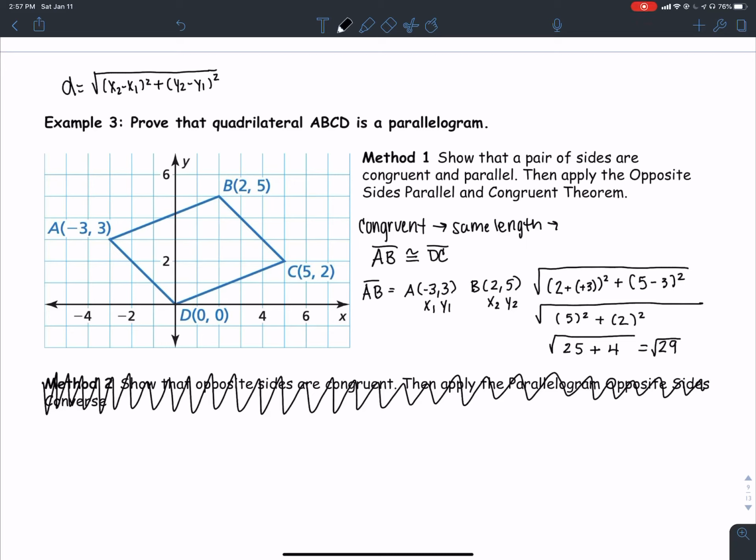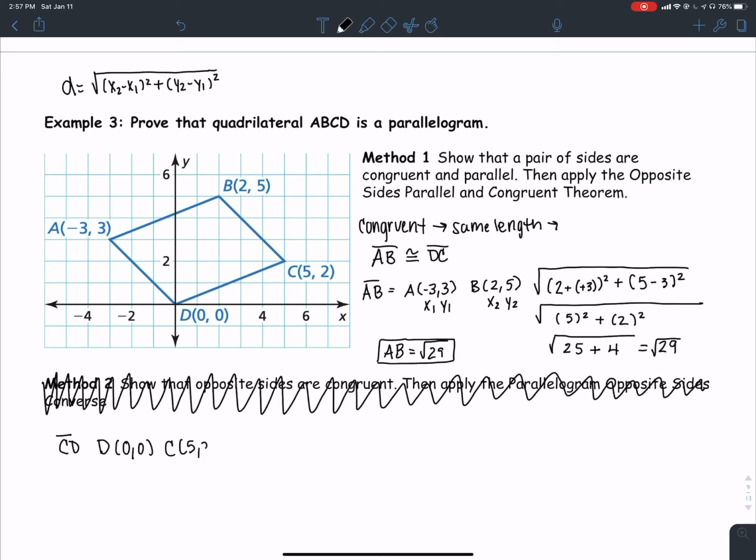Okay, so that's the distance of AB. So I got that first. AB is the square root of 29. Okay, now I got to find CD. So CD is, D is 0, 0.